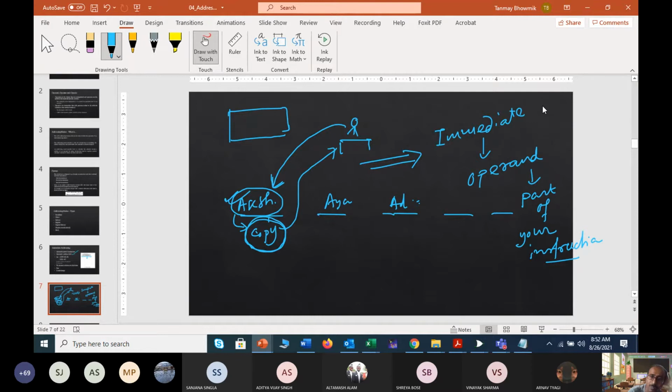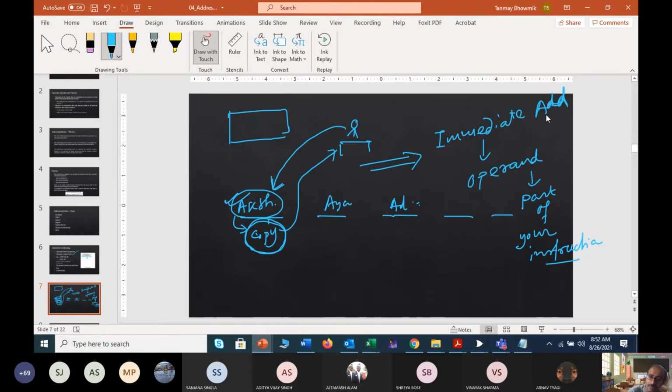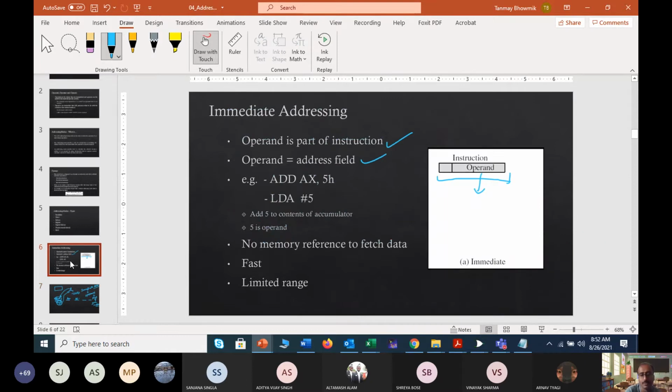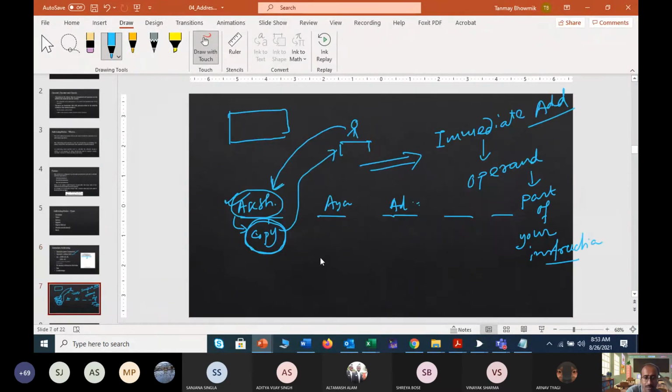So that is the example of immediate addressing. Okay. Now we will check it formally: operand is a part of the instruction, operand is itself the address field. Here the copy is stored with Akshat, so the copy is part of this address field where Akshat is actually sitting. Right?